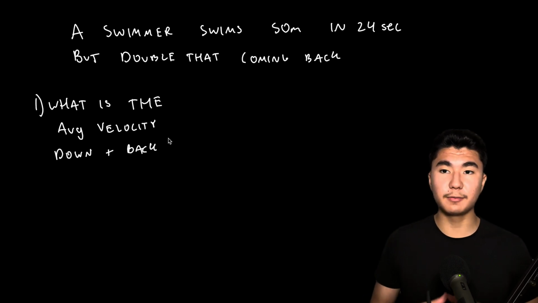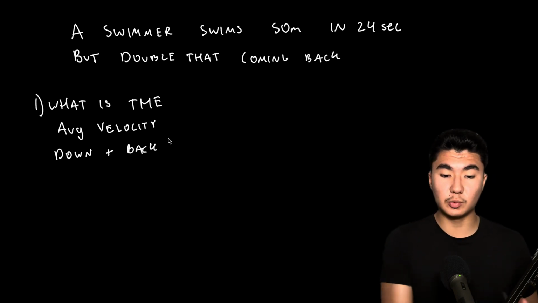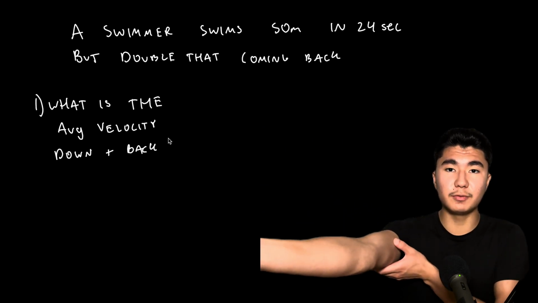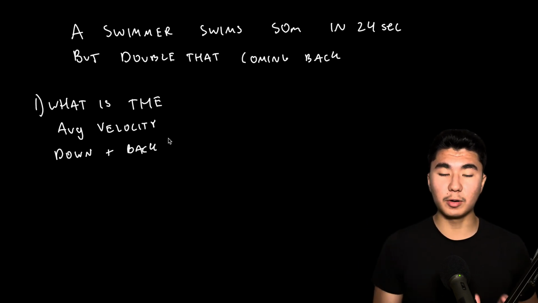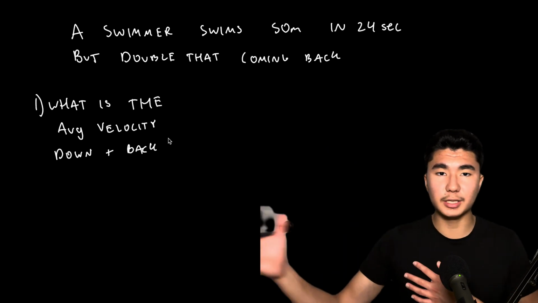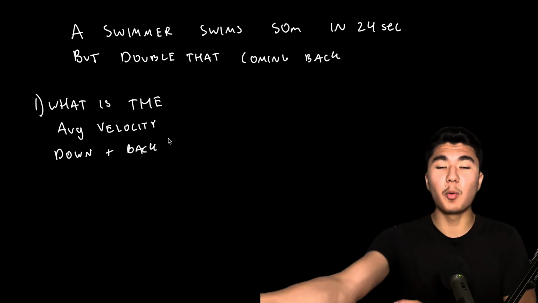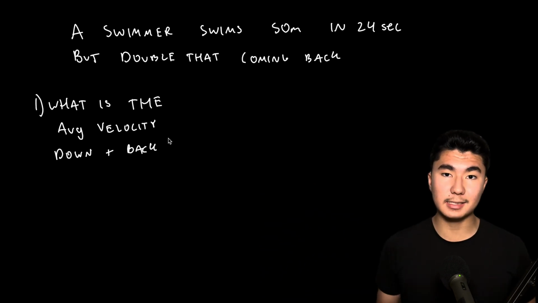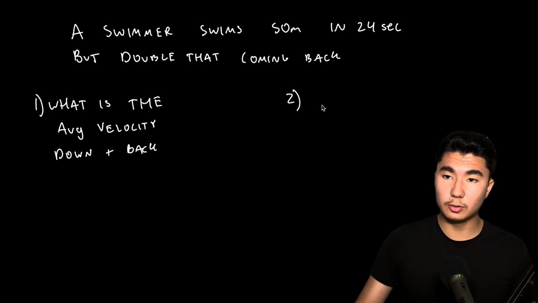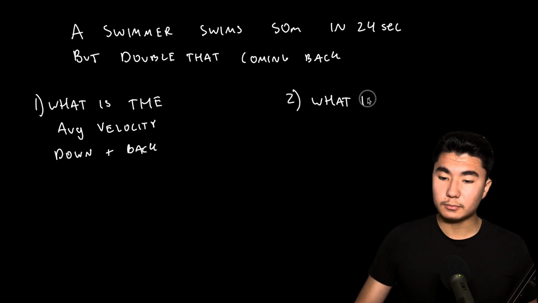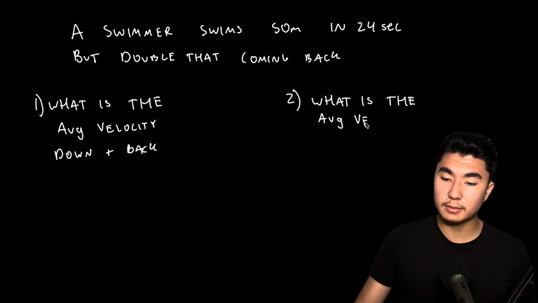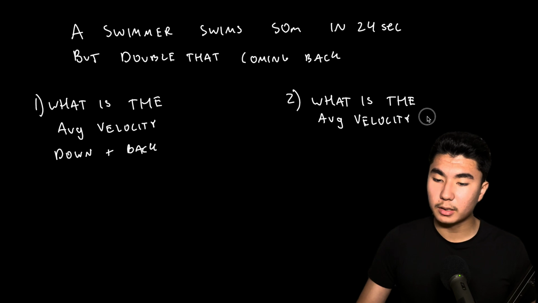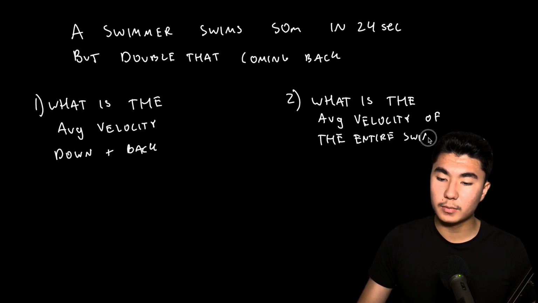What is it individually for each length, going down 50 meters and coming back? Because we know that going 50 meters from start to finish at the end of the pool takes 24 seconds, but coming back takes 48 seconds. And two, what is the average velocity of the entire swim?